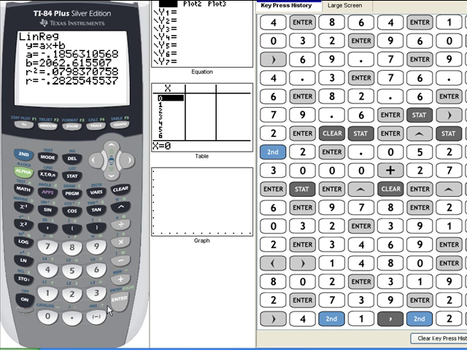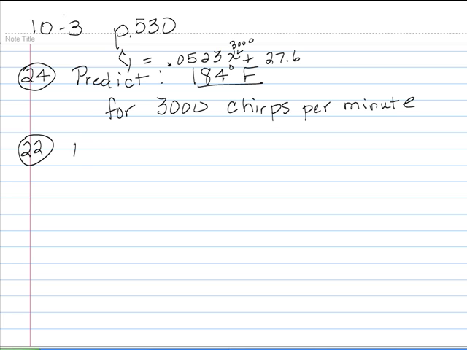So we do not have significant linear correlation. All right, no significant linear correlation. So how do we make a prediction when we do not have significant linear correlation?